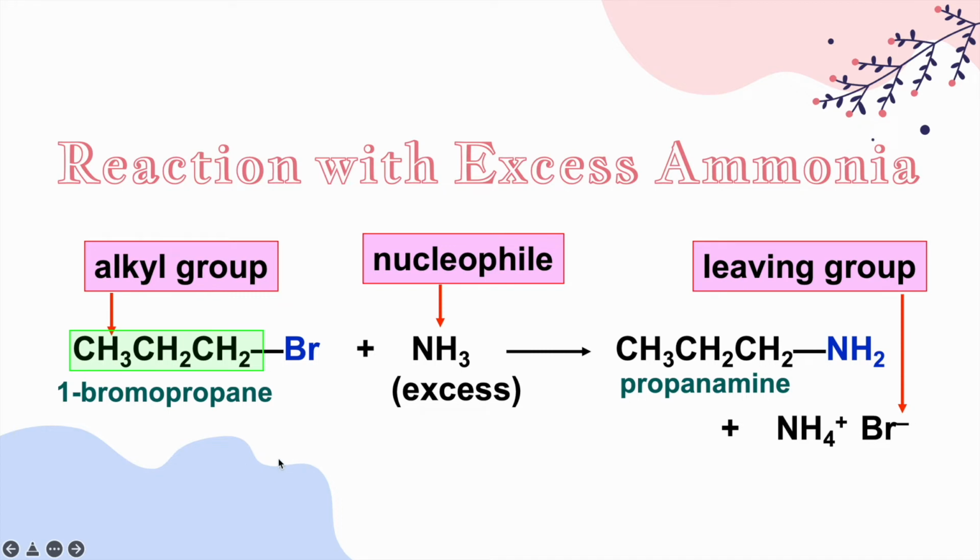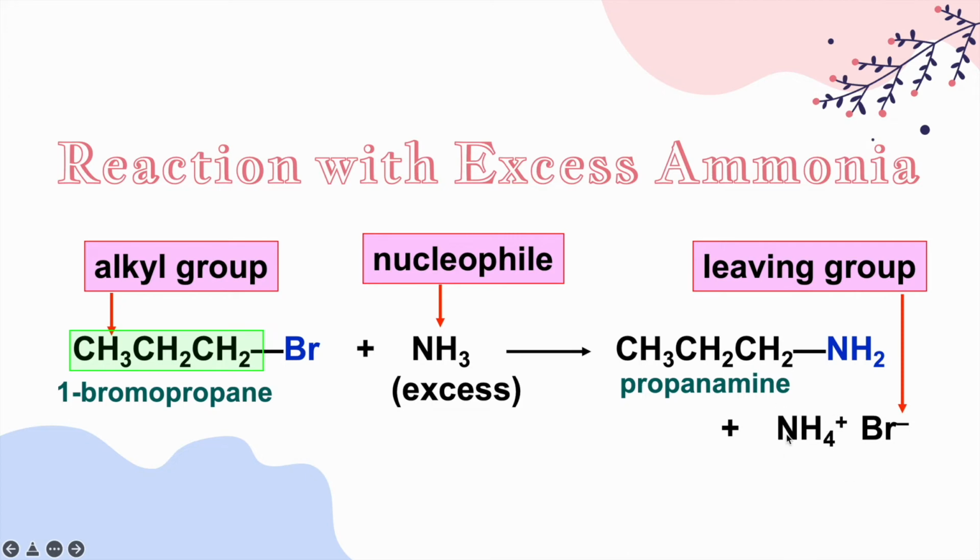Reaction with excess ammonia, a weak nucleophile. This NH3 over here will be the weak nucleophile, reacts with the haloalkane, and then it will replace Br, but not the whole NH3. Only NH2 will replace the Br, and the side products will be the Br minus leaving group and NH4 plus.